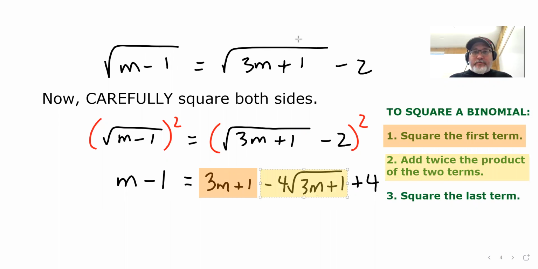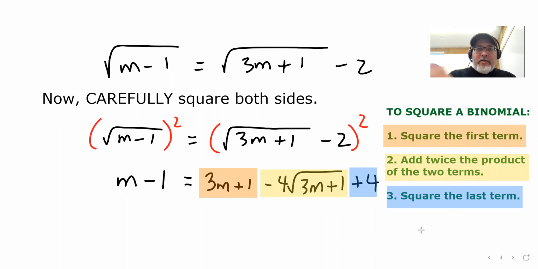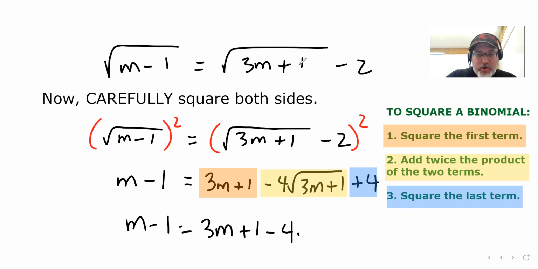And then, of course, square the last term to get the blue part. So there's a little color coding for you. All right, let's clean this up and then see what we should do next. We have m minus 1 equals 3m plus 1 minus 4 square root of 3m plus 1 plus 4.